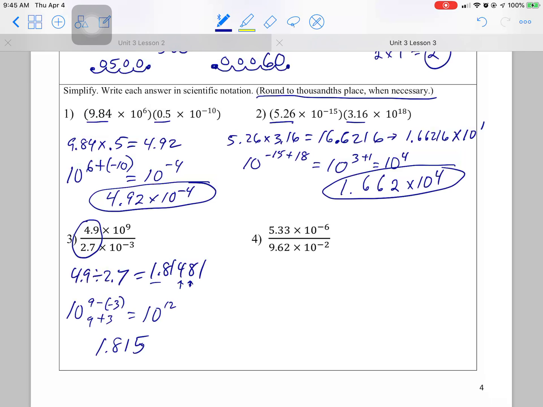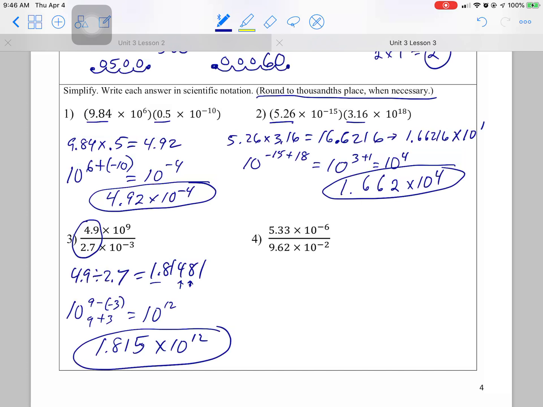Just drawing a blank. I saw it somewhere and I wrote it down. It's not my saying, so I don't remember it. But I remember: 5 and above, give it a shove. 4 and below, let it go. There you go. It's a good saying. I just can't remember it. All right. So times 10 to the 12th.